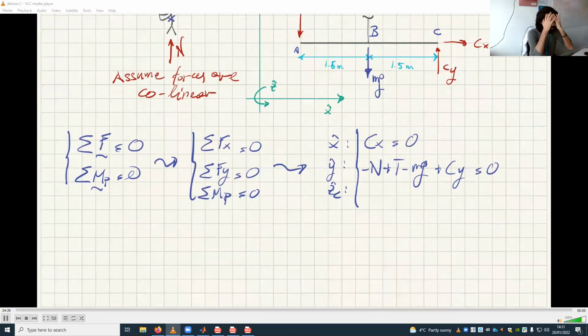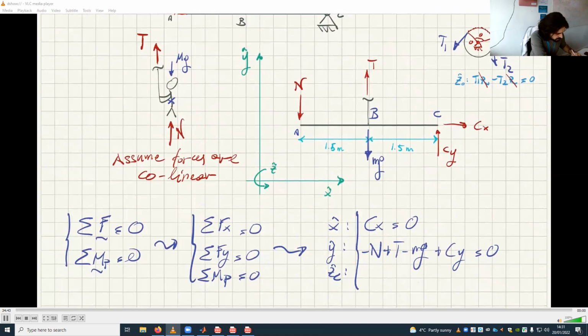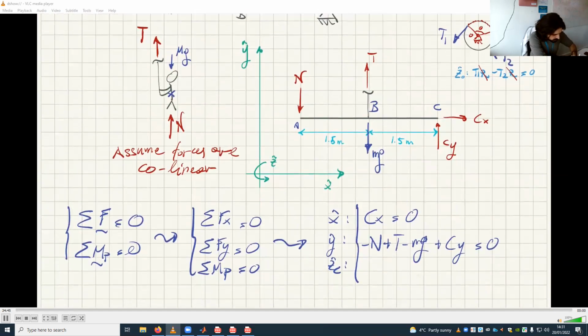So let's use this one that we know how to use. We're talking about C. What is the moment of N? It's force N times the perpendicular distance, so vertical force times horizontal distance. Agreed? So this is 3N.